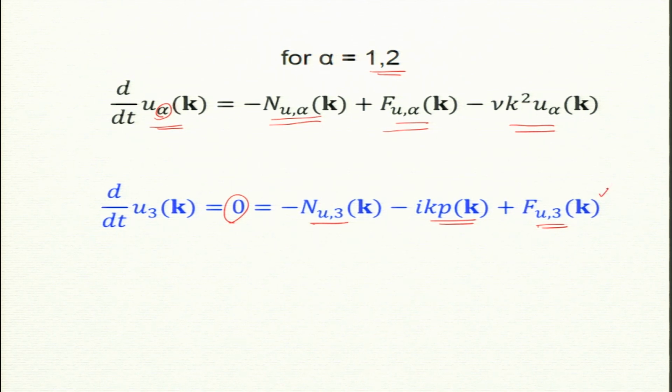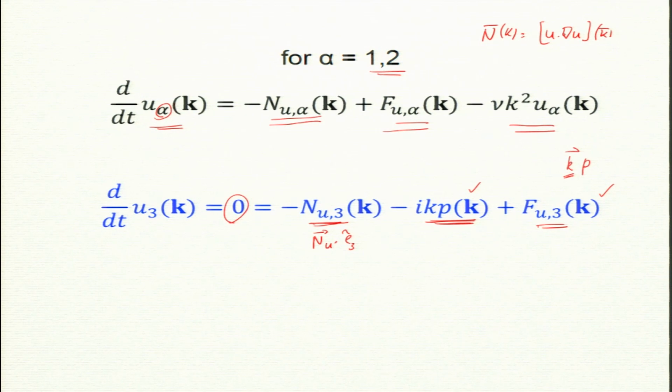So I take the component of these equations along E3. So I have this force, external force, the pressure has full component along E3 because k vector p, no. So k vector is along E3, that is why it is ikpk, and this is a nonlinear term. I take the component along E3, so it is nu comma 3. So this means nu dot E3, by the way, this is what it means. And my notation, please remember, my nk is u dot grad u Fourier transform of this.